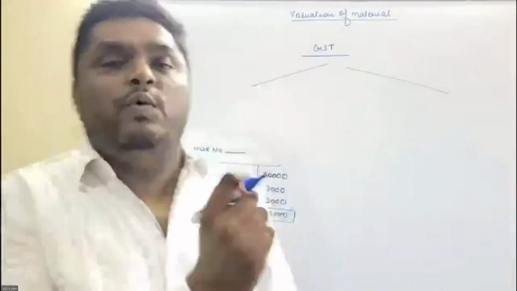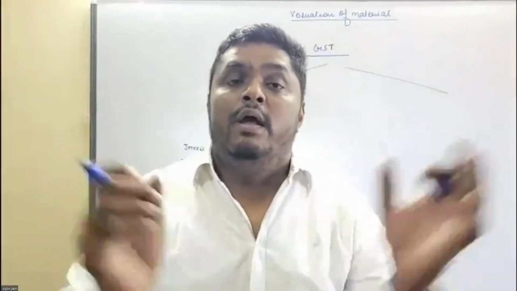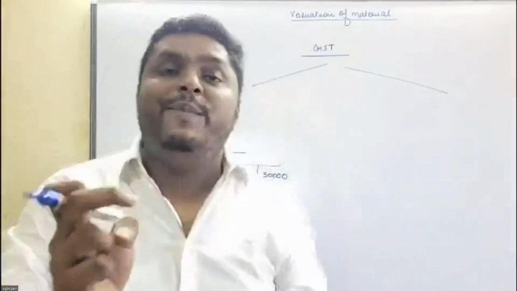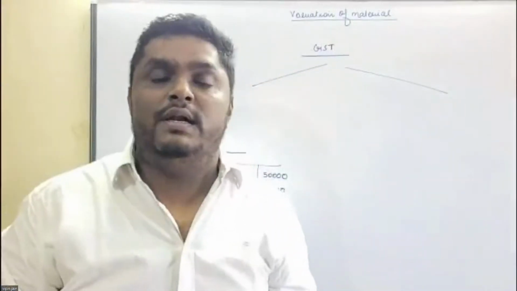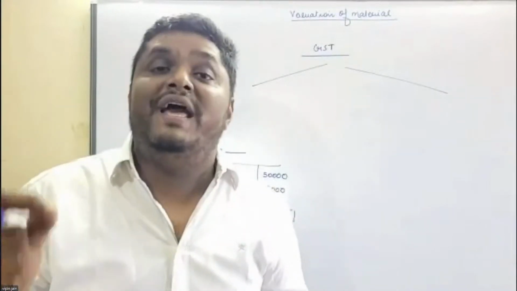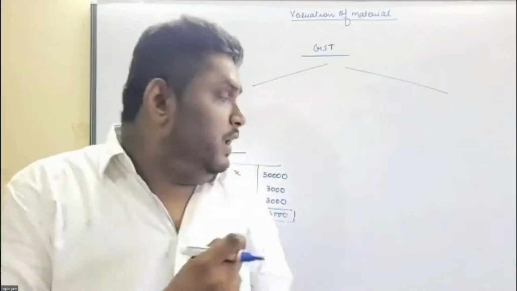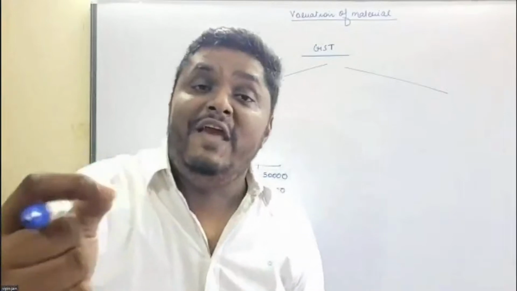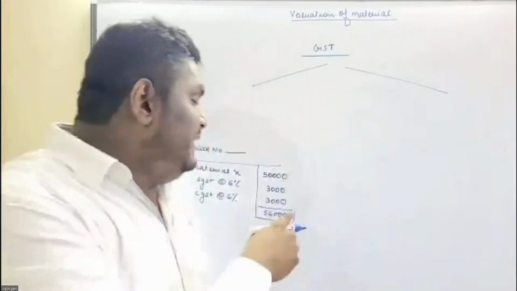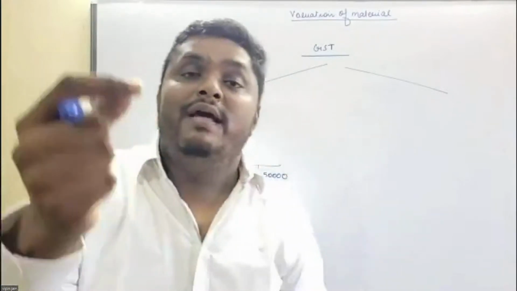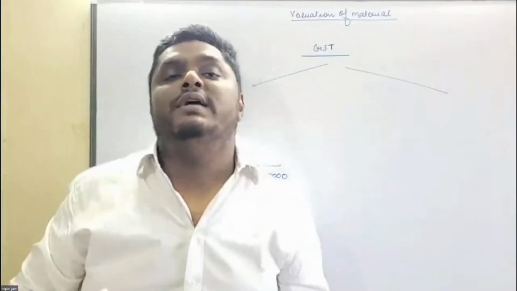This is the invoice I have received from the supplier. Now, how much amount have I paid to the supplier? 56,000. Now, very important, guys. If I am getting the credit of this 6,000, then the 6,000 will be reduced again from the cost.